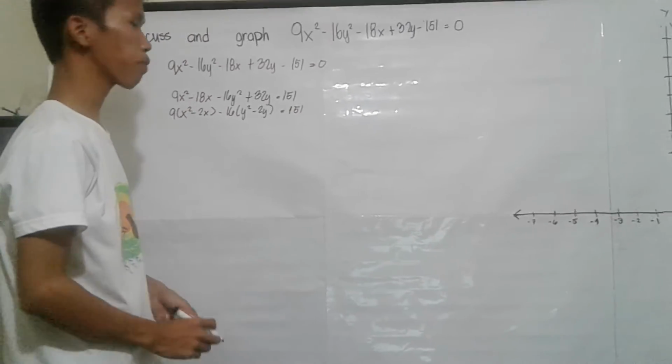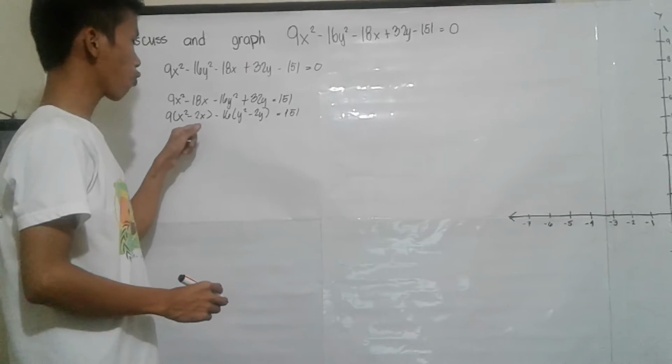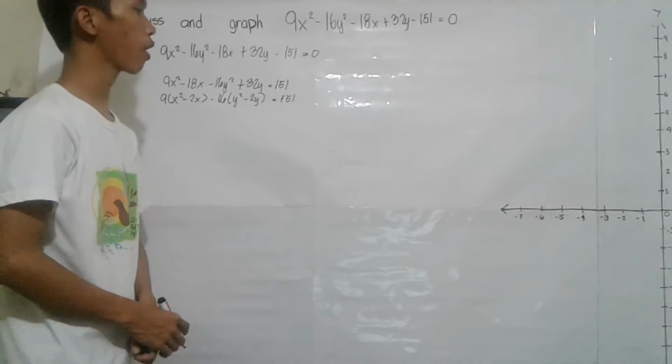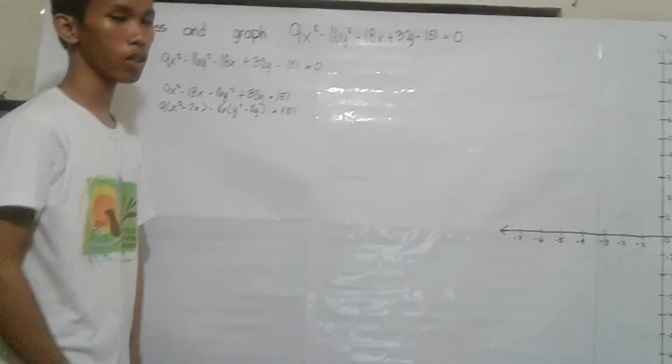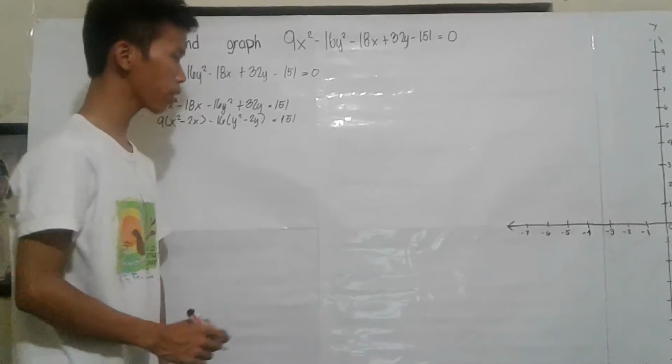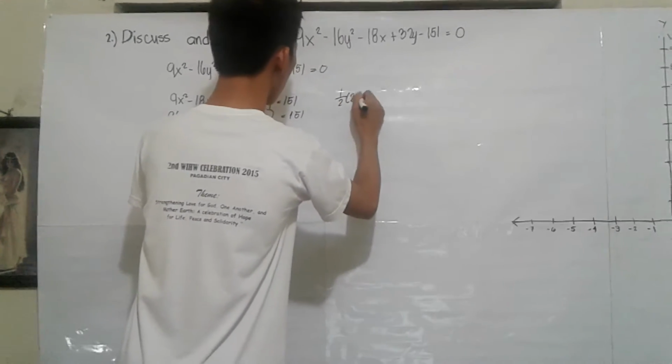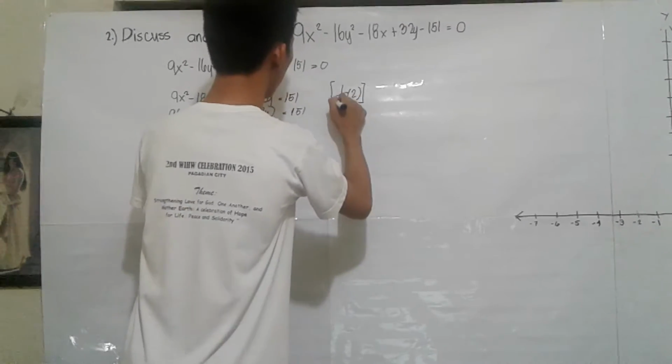Next step is this coefficient of x and y will be multiplied by 1/2 and squared.